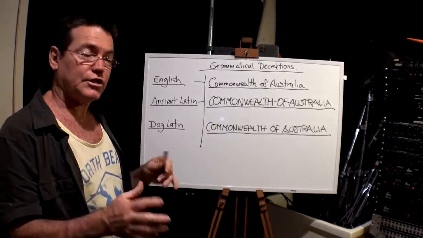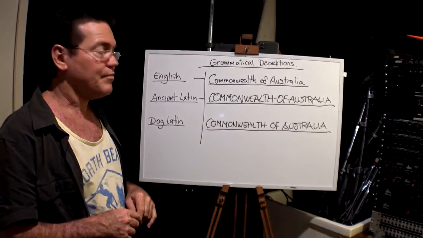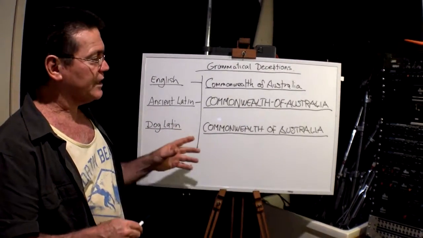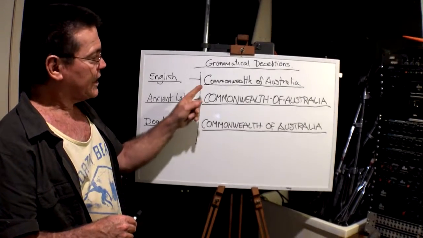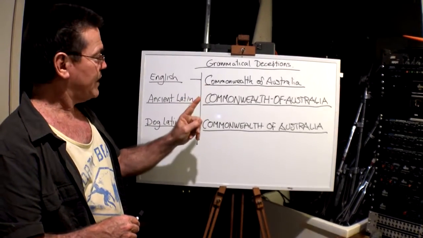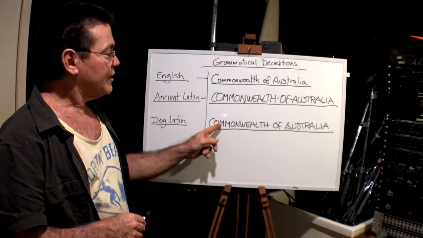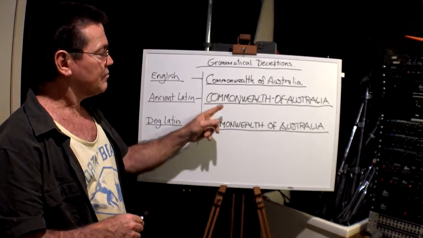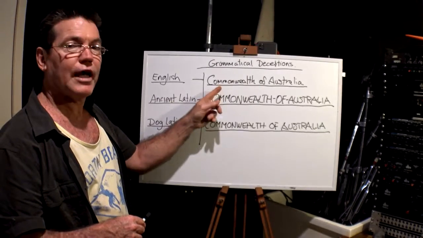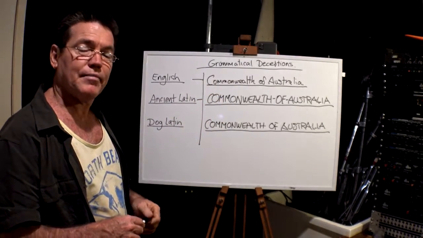have any jurisdiction with each other on the one document. So if you've got a page of text and it contains English and contains Dog Latin, there is no correspondence between those two languages written on that paper.